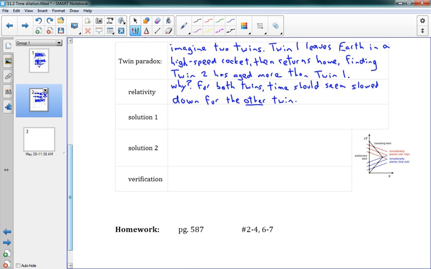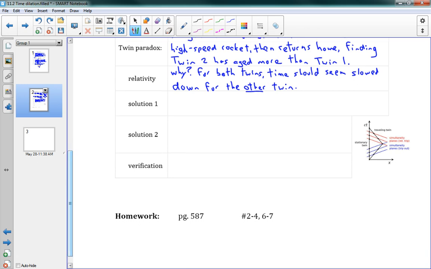There's two ways of viewing the solution to this. Solution 1. This is using what I talked about in lesson 11.0, the idea that we're always moving at the speed of c through space and time.